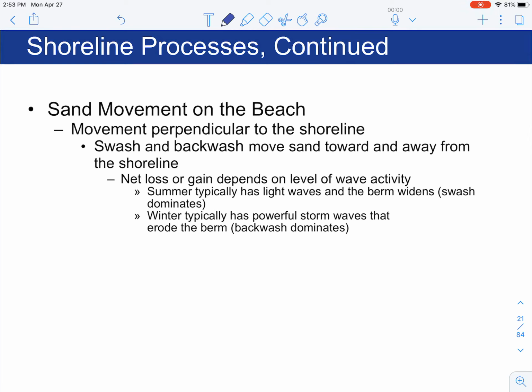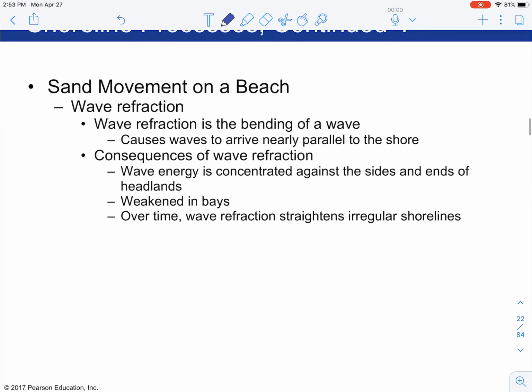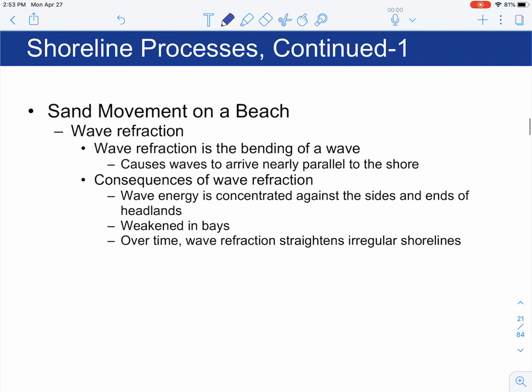That has to do with the way that waves hit the shoreline and then refract or bend away. So, there's actually movement of sand that happens not perpendicular, but parallel to the shoreline as a result of the waves hitting at an angle.